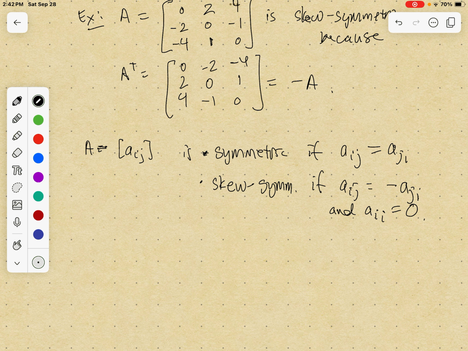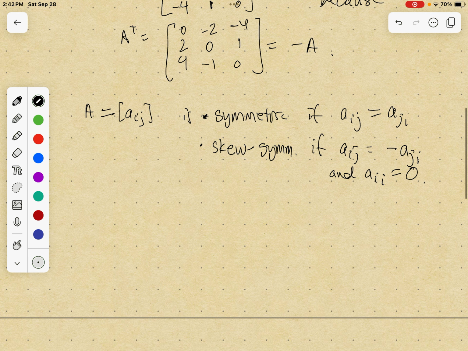Now of course not every matrix has to be either symmetric or skew-symmetric. In general, if you have a random matrix, its transpose will not be the original matrix, and it won't be -1 times the original matrix either.